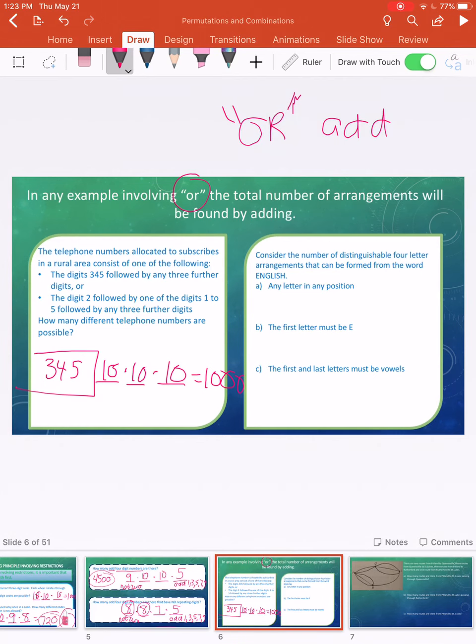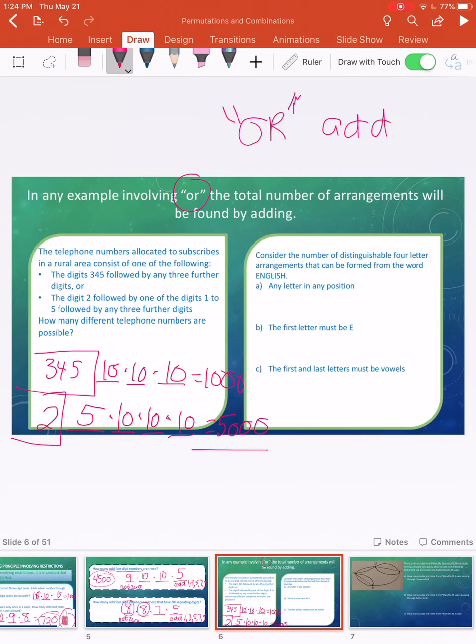Option 2 is the digit 2 followed by one of the digits from 1 to 5. So I'd have 5 choices, followed by 3 other digits. And again, there's no restriction, so they can be any digits, which means I have 10 options for all 3 of these. So altogether, I have 5,000 options.